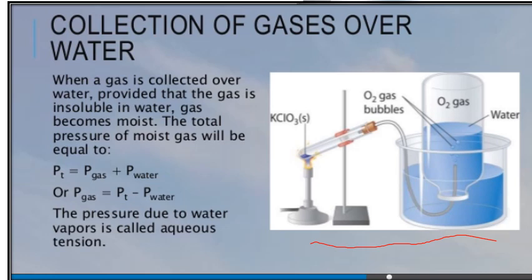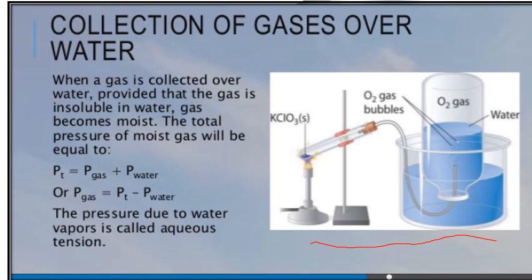This jar was also filled with water before, and now as the oxygen is produced, it is displacing water within this container, and it is occupying the space over here. This is how the gas is collected.